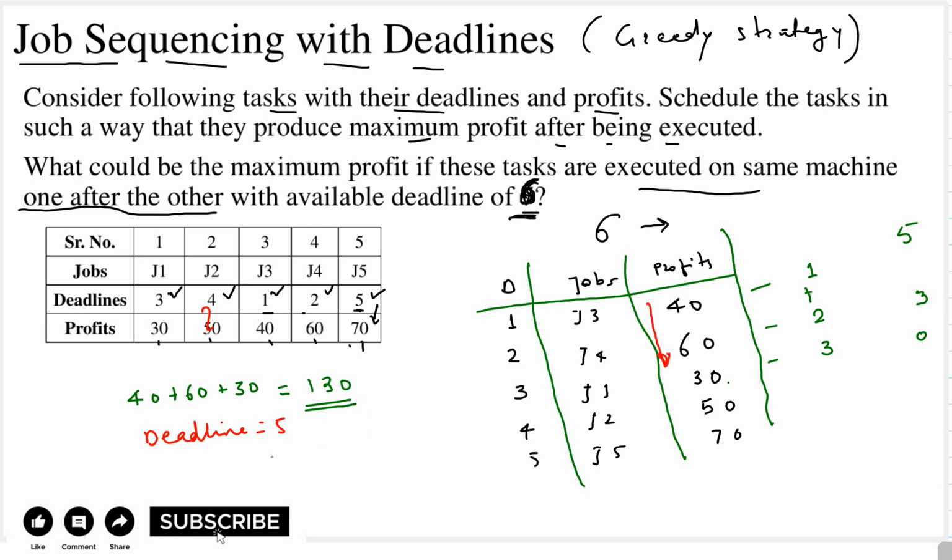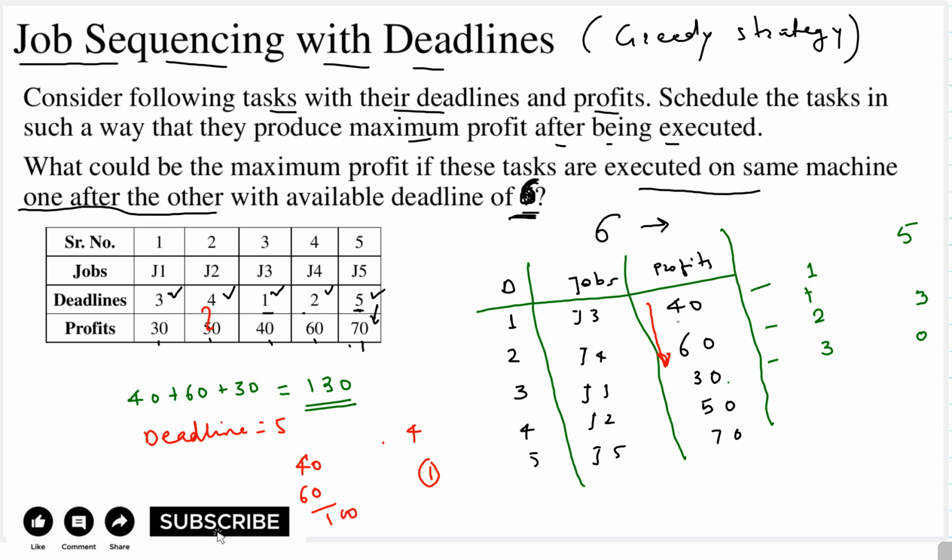First job 1 will be completed, so I'll get its profit and deadline 1 is utilized, so the remaining deadline is 4. Next job 4 will be completed, so the profit is 60 and the remaining deadline is 1. There is no other job which could be completed within this, and the profit you will get is 100. So do we get a better combination?